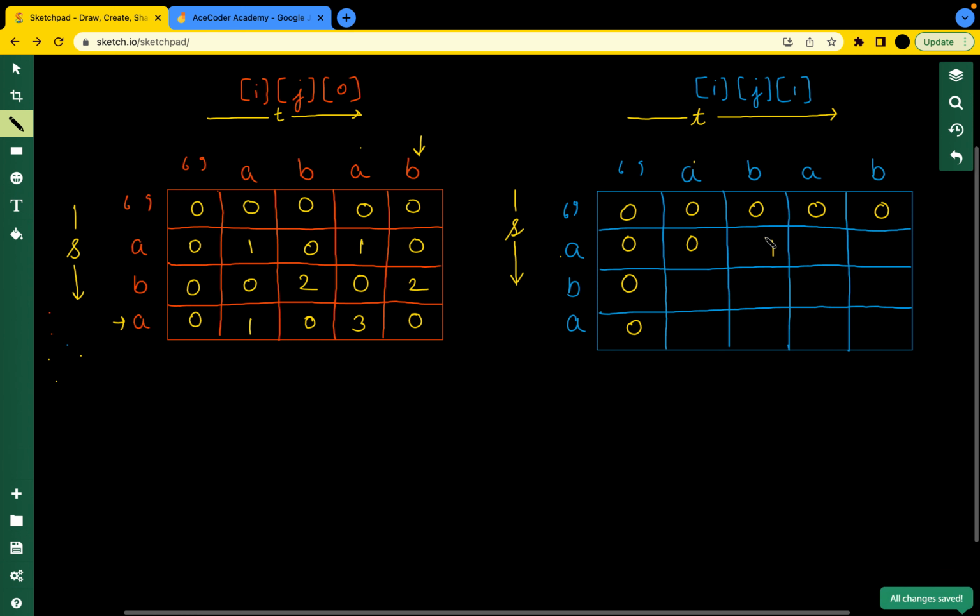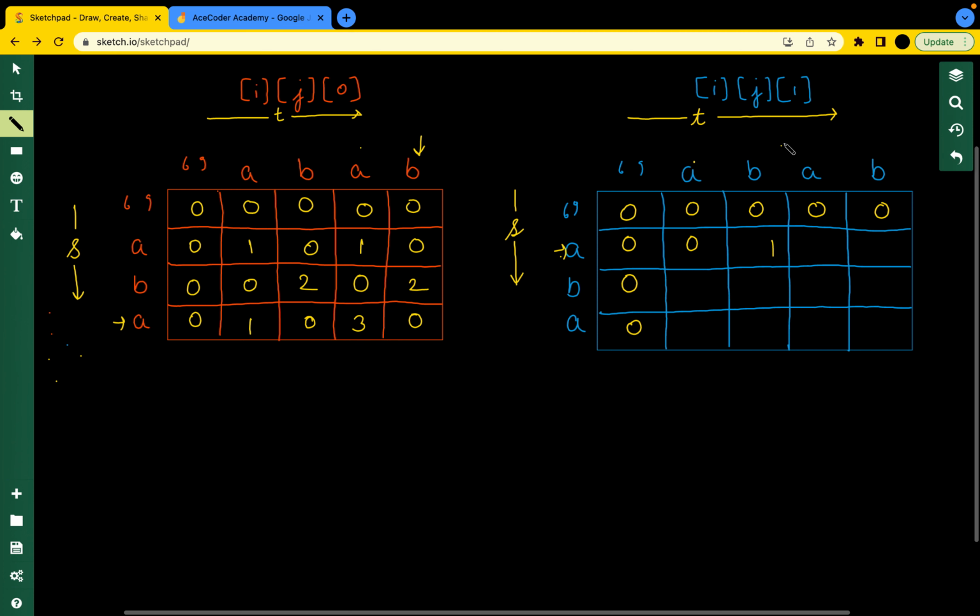And then what other thing we will check is the string ending at this A and the string that is ending at this empty string. What is the length of the string that differs by a single character? It is simply this 0. So here the answer will be 1.